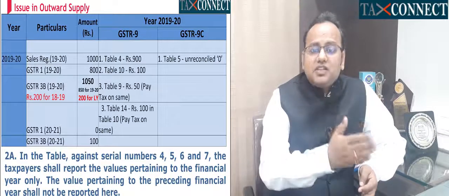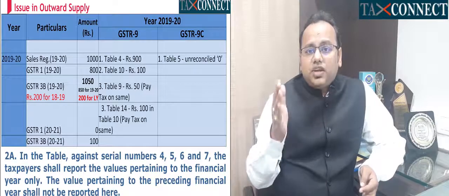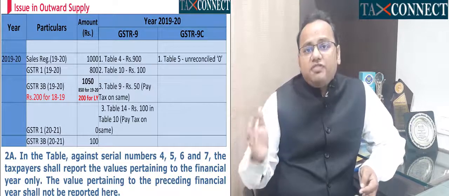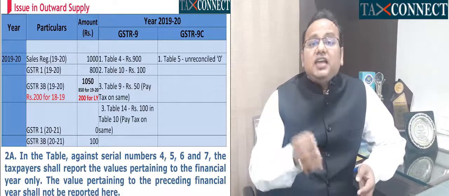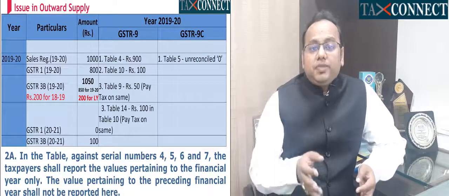That is, the previous year's spillover impact was shown in table 4 and 5 also. Under instruction 2A, that is now barred.